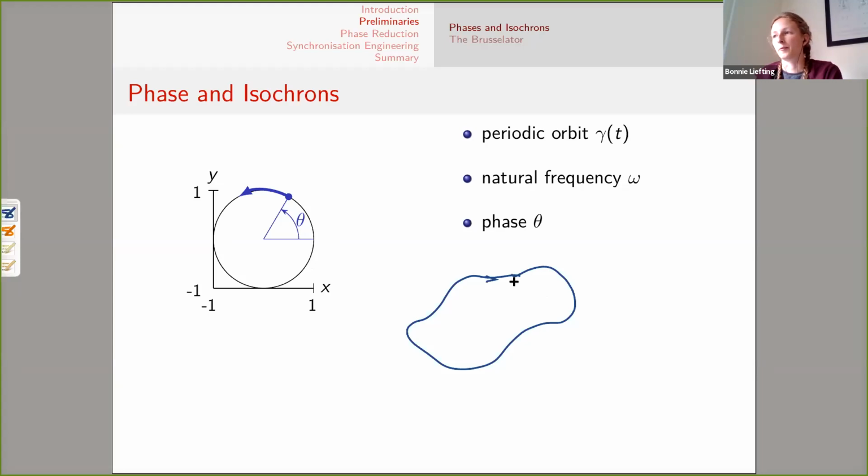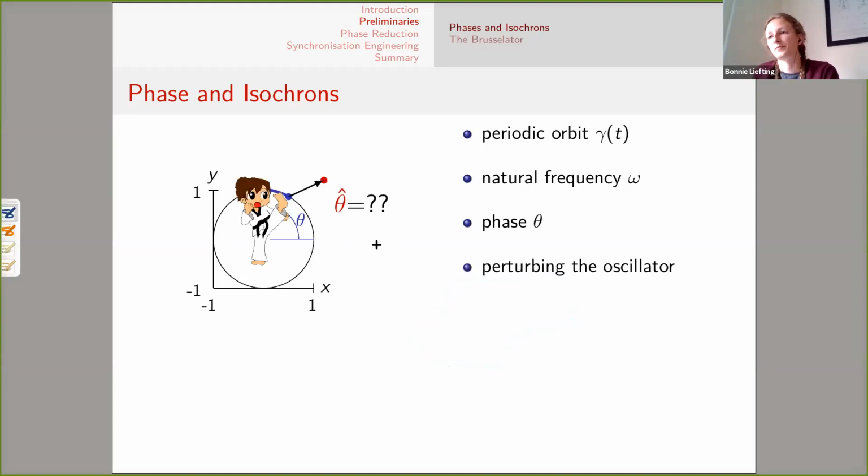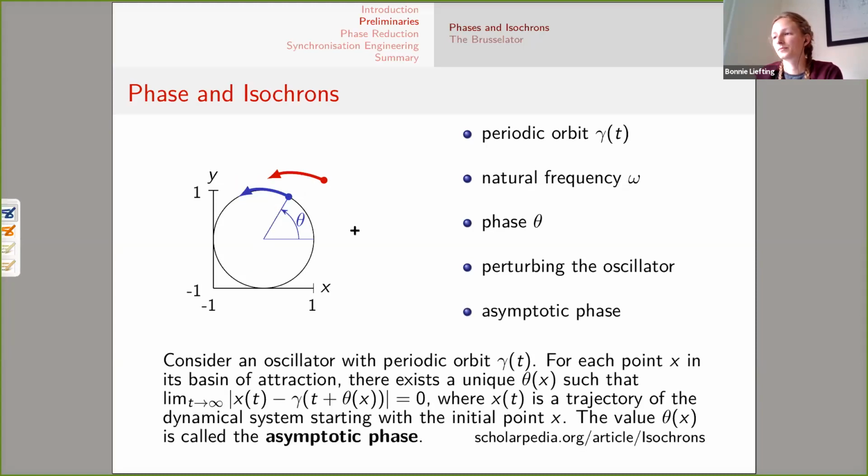So when doing a phase reduction, you're reducing any kind of oscillation to just its phase. But then the question is, what do we do when we kick the oscillator? So what is the phase when it's not on the limit cycle? So we need to think how to do it, or actually people have thought about how to do it. So there is something that's called asymptotic phase.